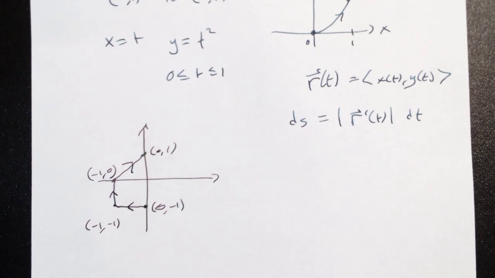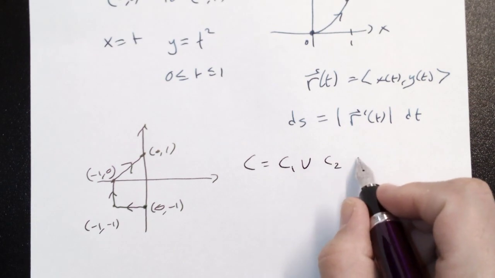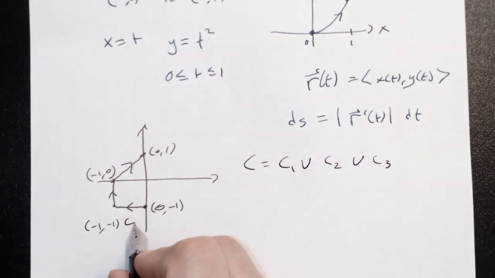Now, this would upset a lot of people because I said this is a curve and it's got corners. Well, what I really want to do is, instead of thinking of this as one curve, I want to think of this curve as the union of 3 individual pieces.